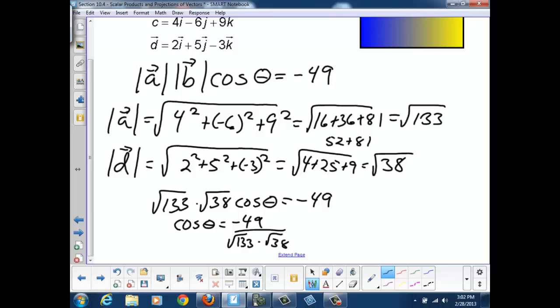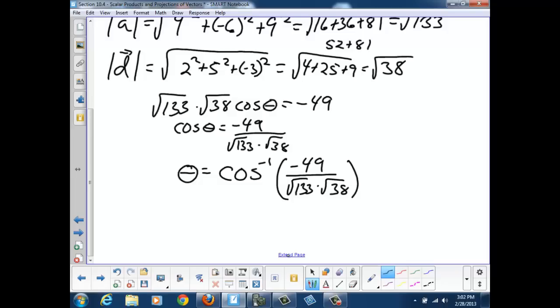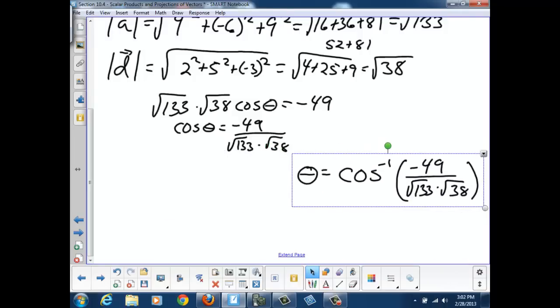And to find theta itself, we just need to take the inverse cosine. So theta is going to be equal to the inverse cosine of negative 49 over the square root of 133 times the square root of 38. So pull out our trusty calculator. First, let's move this over so we can see it.